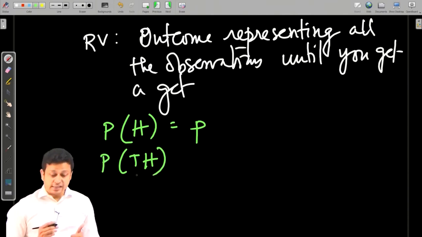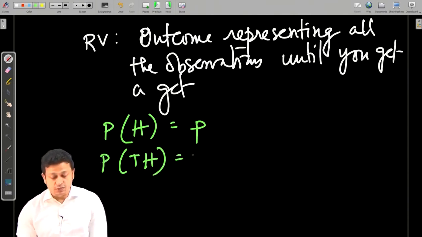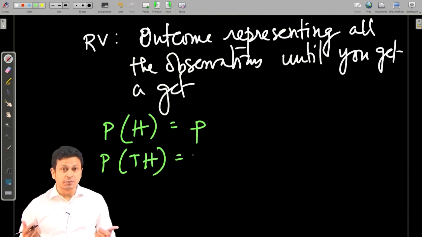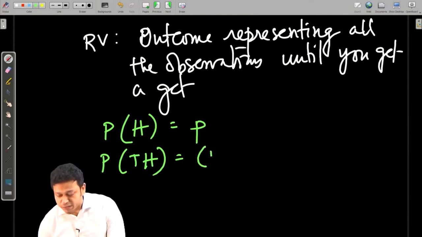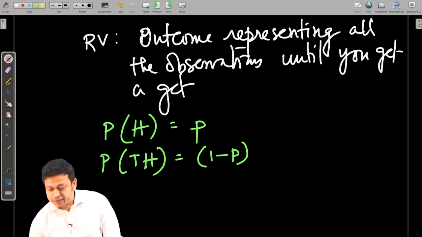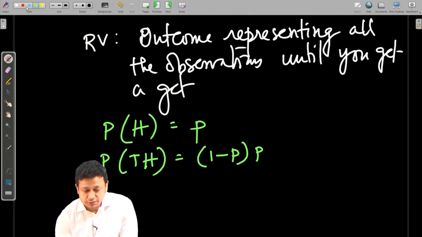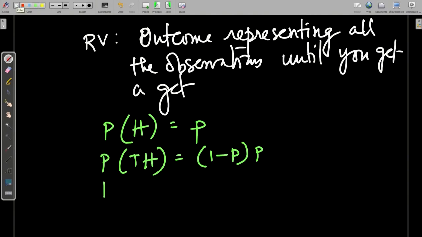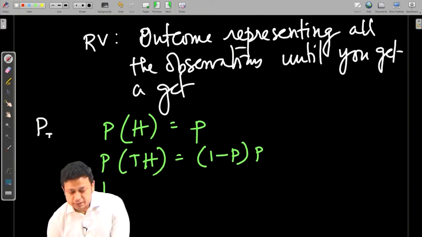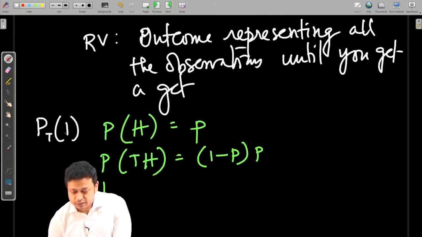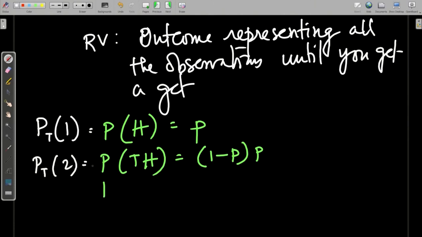Probability head and probability tail are the only 2 possible outcomes. So, tail is going to be 1 minus p, and then you have a head. So, that is going to be 1 minus p into p. You can write it down like this, indicating the probability of each trial. So, this is the first trial, and this is the second trial, let us say this is the third trial, and so forth. We are just going to write it down.